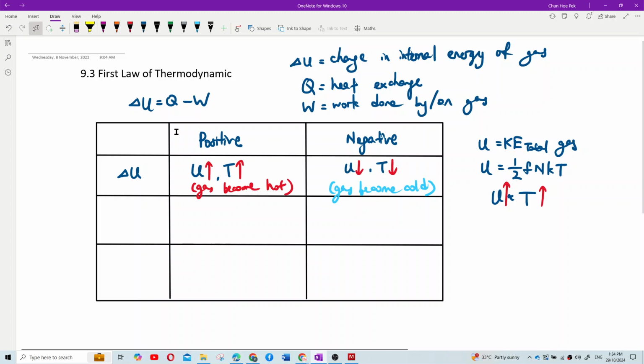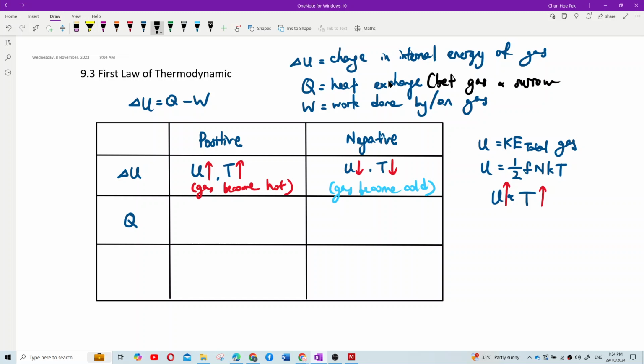Okay. Now, how about Q? Q is the heat exchange between gas and surrounding.